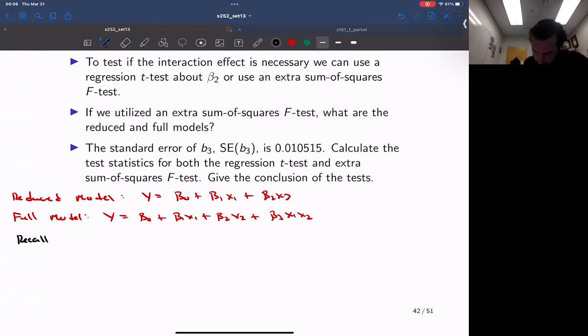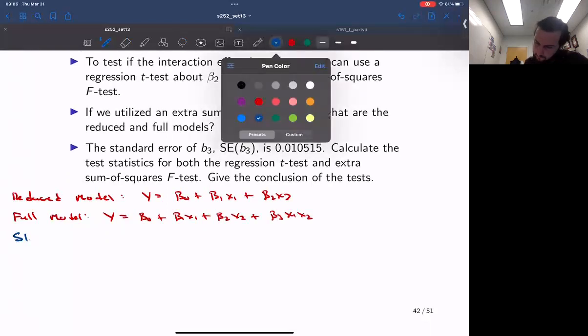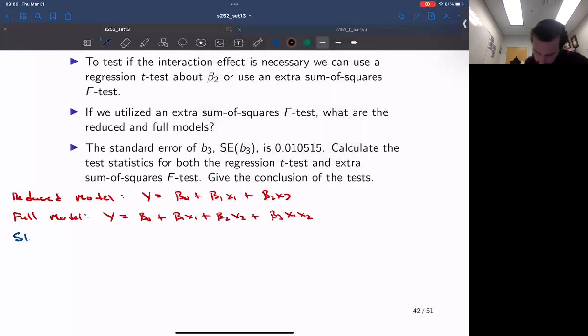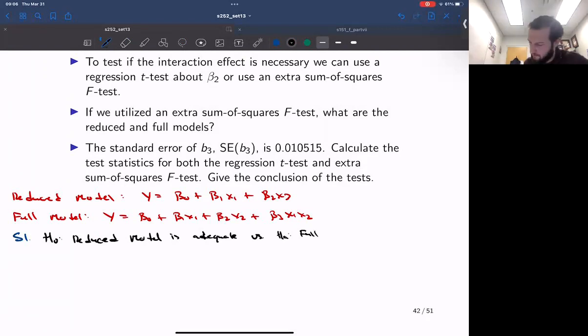Okay, recall, if we were to test this, we would have step 1, H naught: the reduced model is adequate versus HA: the full model is required.